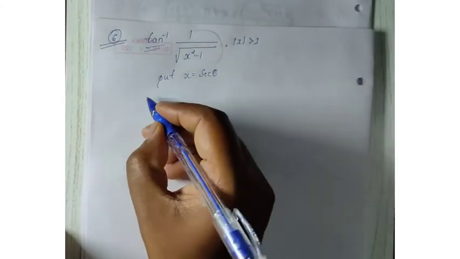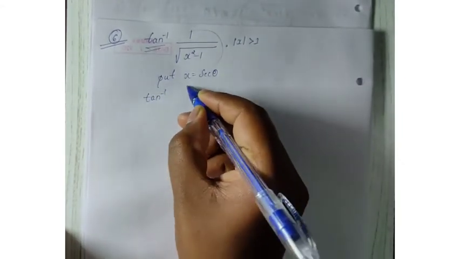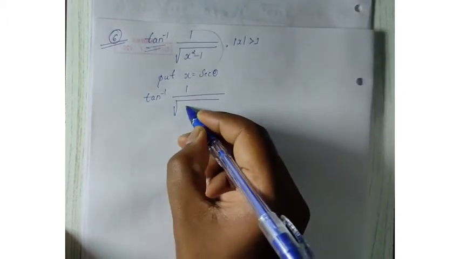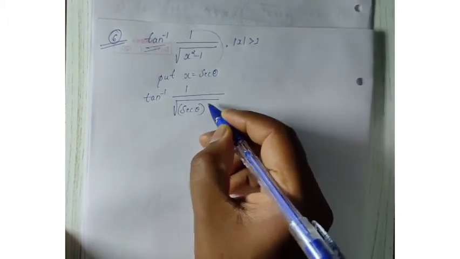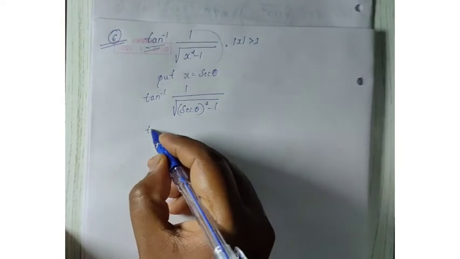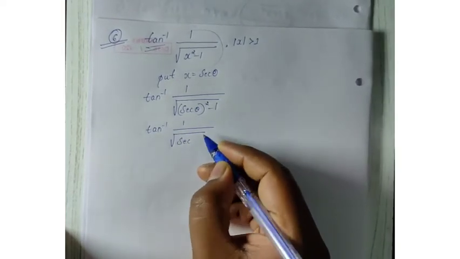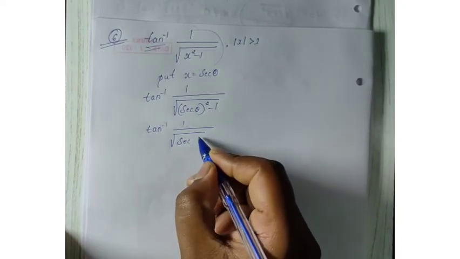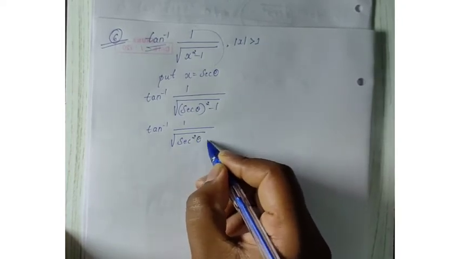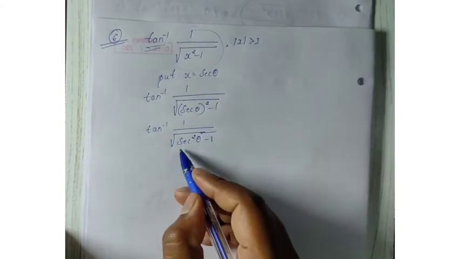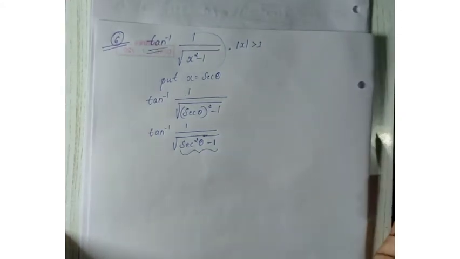Fine. So tan inverse 1 divided by root secant theta whole square minus 1. Tan inverse 1 divided by root of secant square theta minus 1. Now, what can you write in the place of secant square theta minus 1?